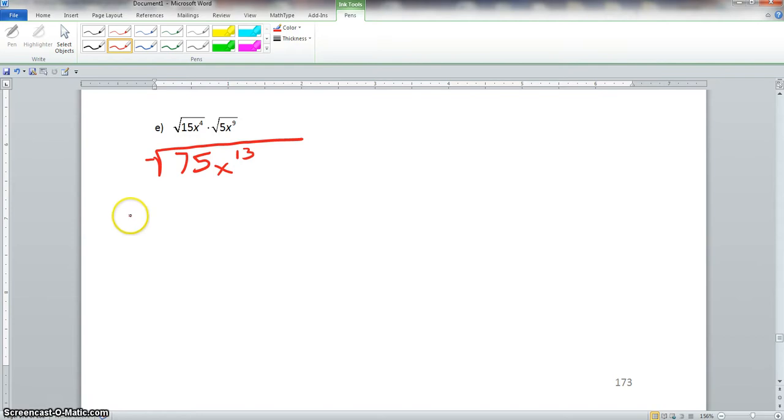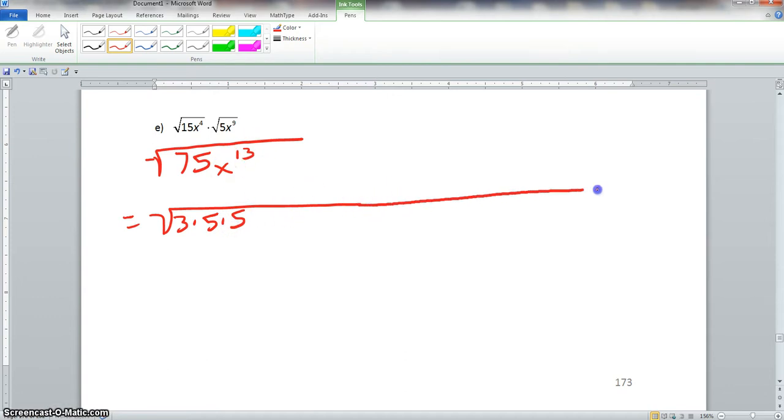Now we already did the prime factorization of 75, which we know was 3 and also 2 5s. Now we have x to the 13th. Now what I'm going to do here, I'm going to write 13 x's. Let's see, that's 3, that's 6, 7, 8, 9, 10, 11, 12, 13.